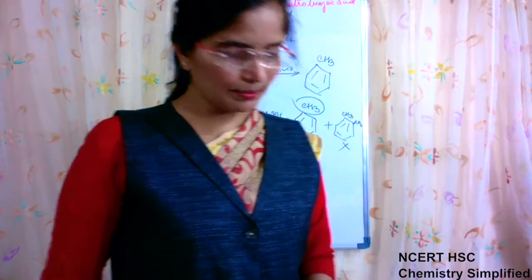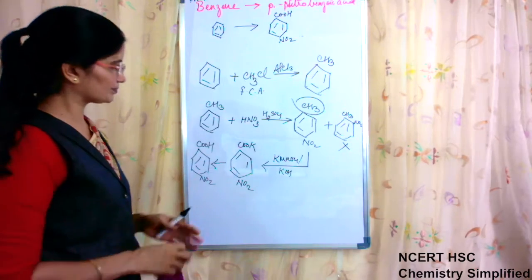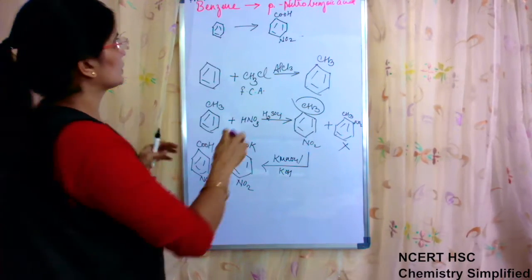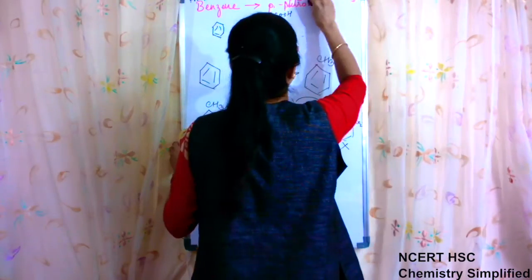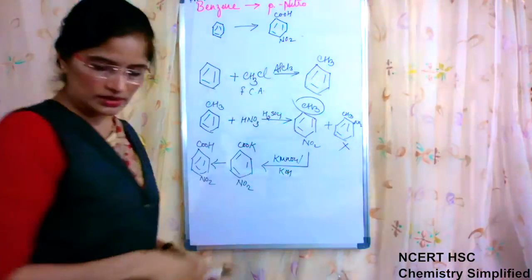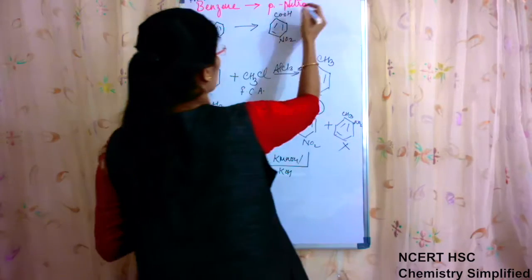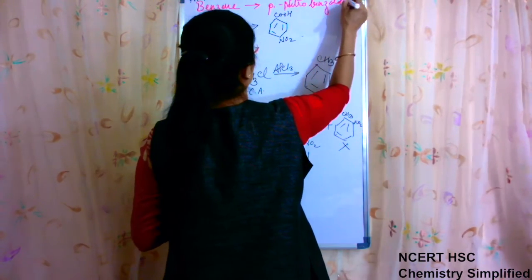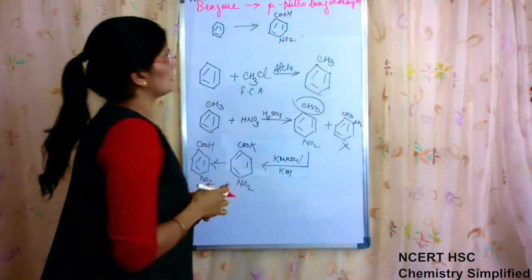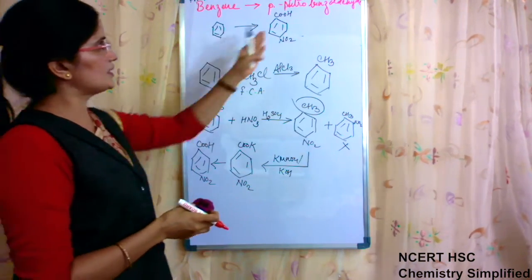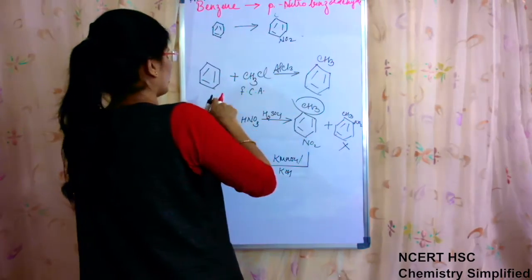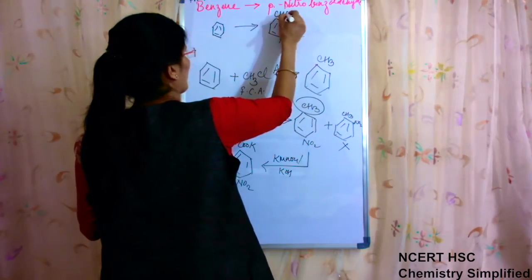Now, suppose in this same reaction, para-nitrobenzaldehyde was required, not benzoic acid. Same question, benzene into para-nitrobenzaldehyde. So the rest will remain same, because again benzaldehyde, if aldehyde group was present here, that also is not a para-directing group.